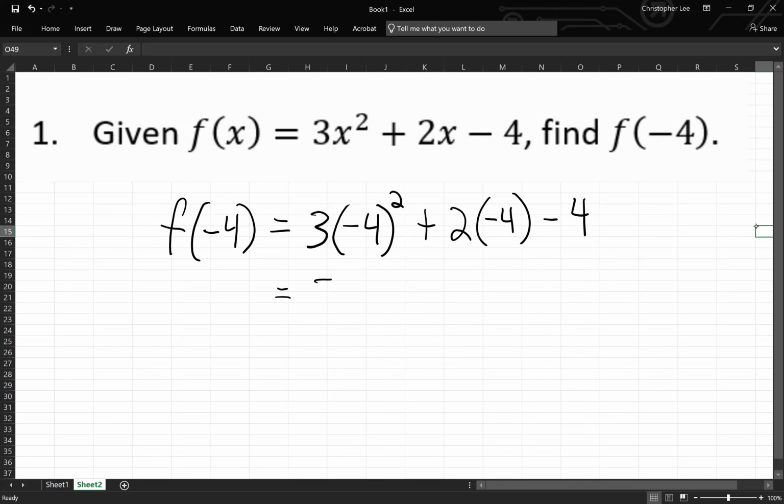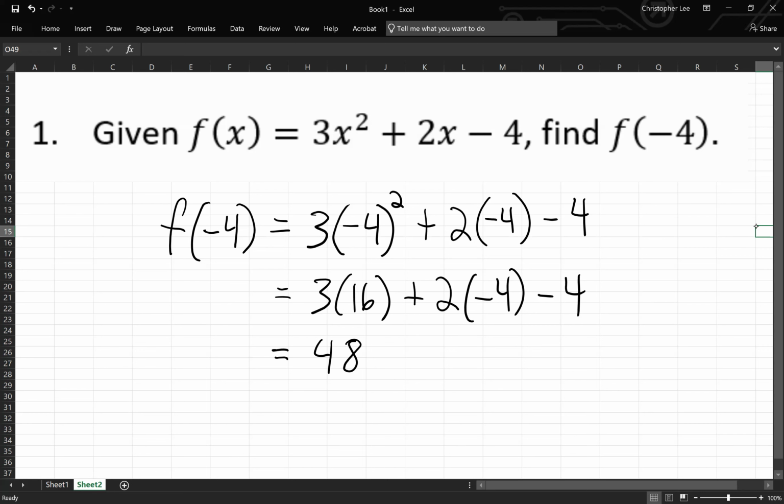Very good. So I have 3 times 16, 2 times negative 4, minus 4. Now I want to do my multiplication. So help me out. What's 3 times 16? 48. That sounds good.